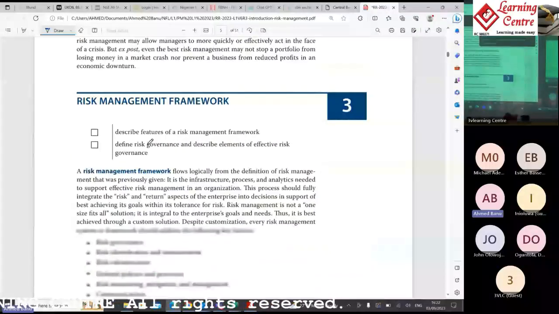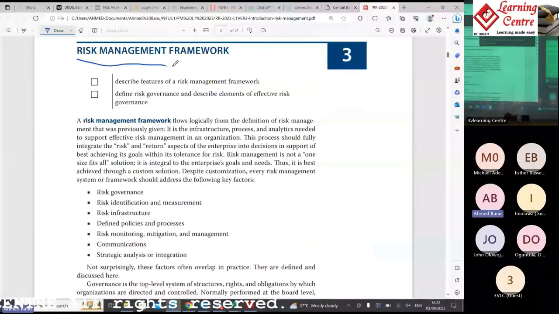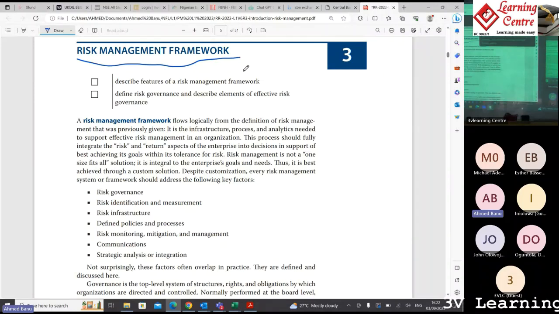Okay. Now, moving on. What is the risk management framework? The LOS is: describe the features of the risk management framework, define risk governance, and describe the elements of effective risk management. So there's something we call enterprise risk management.